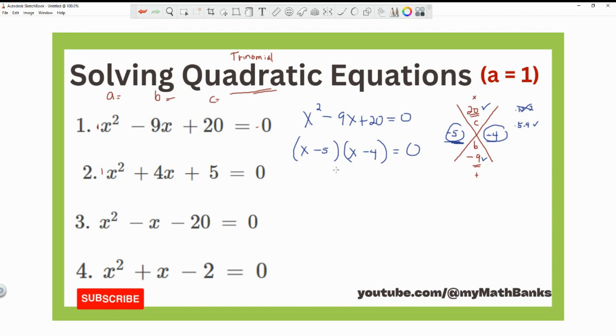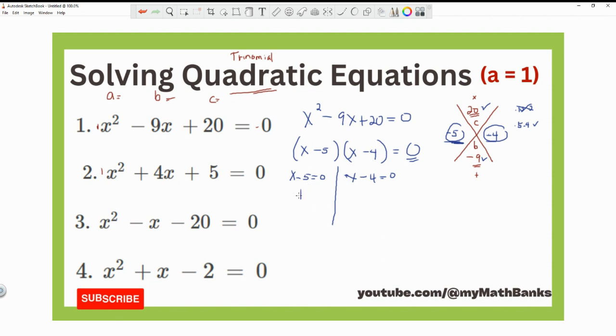Now you have two factors here, so you can separately solve for them. x minus 5 equals 0, and x minus 4 equals 0. We can set each one of them equal to 0, because just imagine if the first factor is 0, any number multiplied to it will always give you a 0, right? So therefore, any one of these factors can be 0. That's why we can equate them to 0.